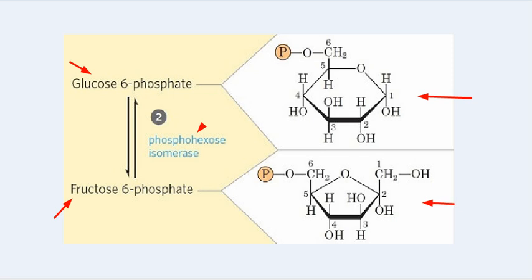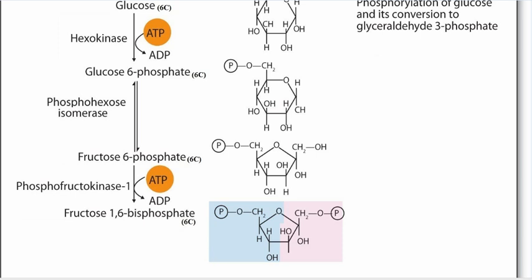The carbon numbers are already written, 1, 2, 3, 4, 5 and 6th carbon with phosphate. Again, 1, 2, 3, 4, 5 and 6th carbon with phosphate. So this is so simple. The second reaction is completed, glucose 6-phosphate to fructose 6-phosphate. Let's go towards the third reaction. So now here is the third reaction for you.